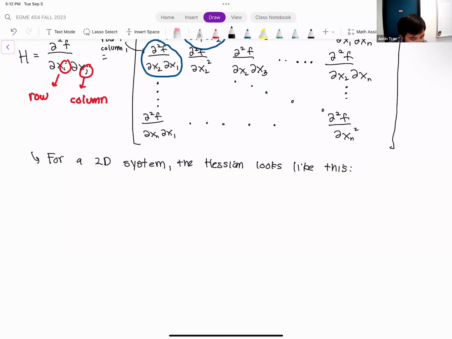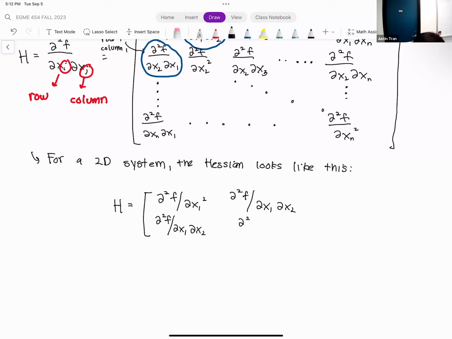Luckily for a 2D system, we only have a 2 by 2 Hessian matrix. We have partial squared f, partial x1 squared, partial squared f, partial x1, partial x2, partial squared f, partial x1, partial x2, and partial squared f, partial x2 squared.